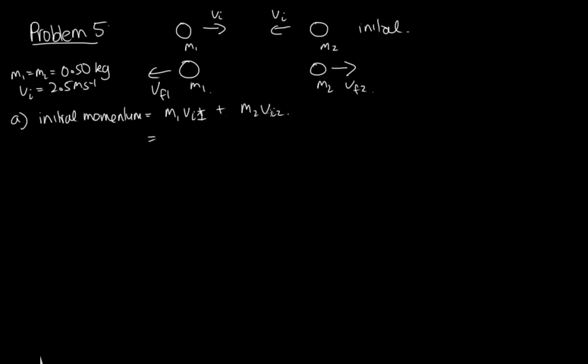And remember, these are vectors, so they do have a direction. So we've got m1, which is 0.50 times 2.5, plus m2, which is 0.50 times this, but this is in the opposite direction. So we can take left to right as positive and right to left as negative, so this is minus 2.5. You can see these cancel each other out and we get 0.